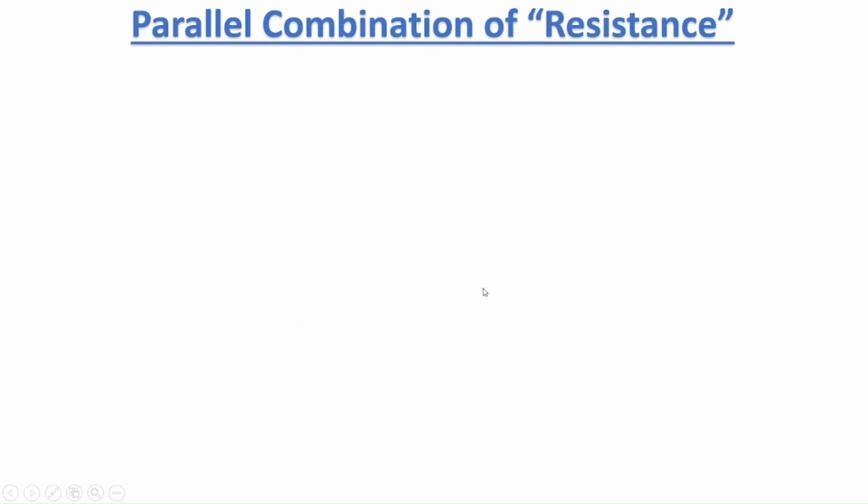Now coming to the next part of this lecture, which is the parallel combination of resistance. Till now we were discussing the series combination. Now let's discuss the parallel one. So when do we say that two resistances are connected in parallel?